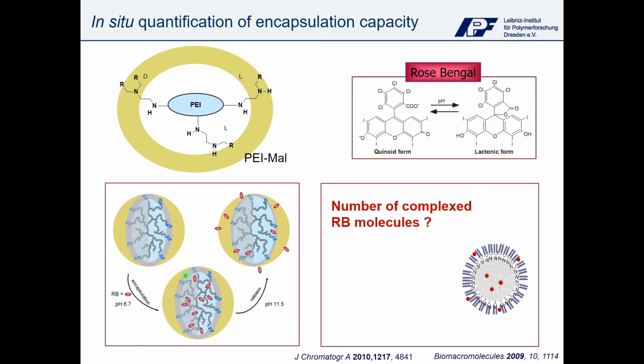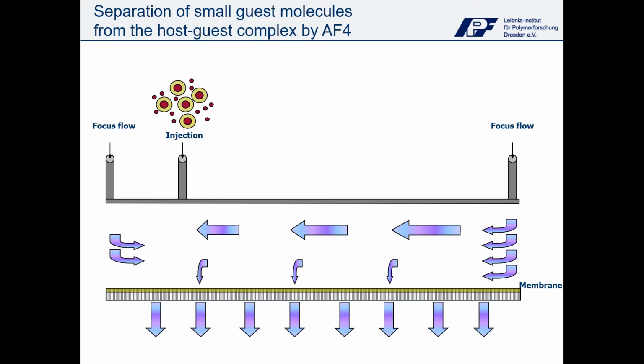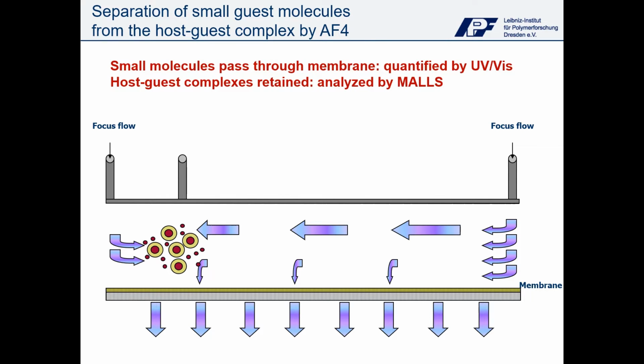Now, polyethyleneamine can encapsulate Rose Bengal, for example, at pH 6.7 and can release it again at higher pH values. The question is now how many Rose Bengal molecules are complexed within this polymer. In order to answer this question, we again used AF4 with two different detection methods.